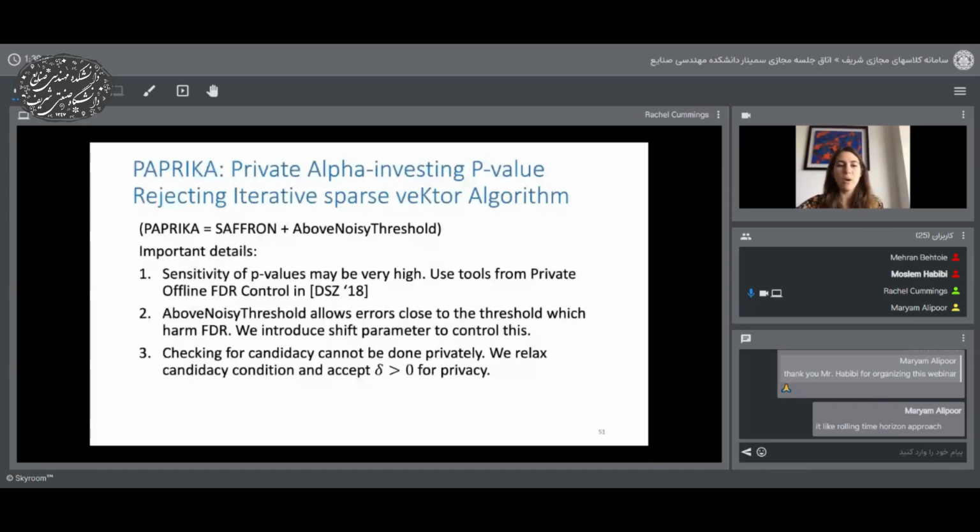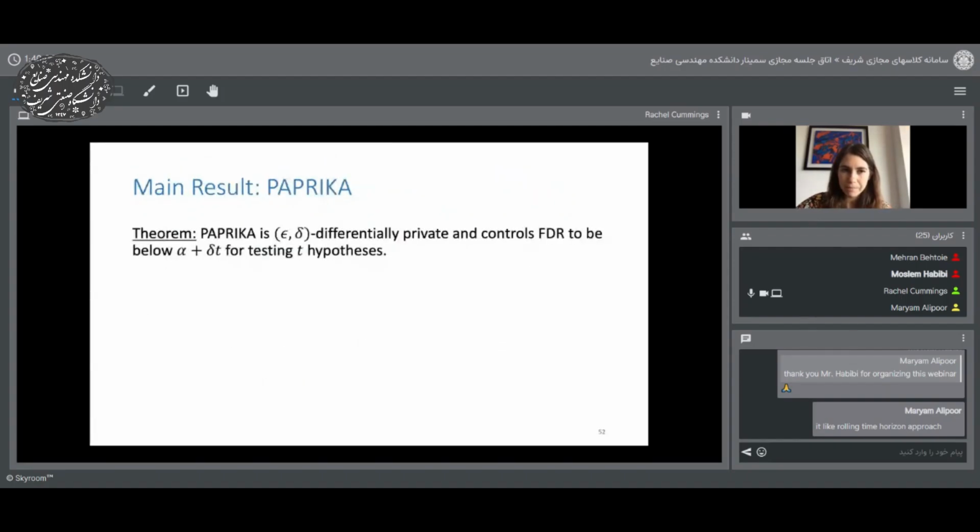And we also have this candidacy condition that we borrow from SAFFRON, and it turns out that it actually can't be done privately, and so we relax it slightly, and then we accept a positive delta in our privacy guarantee.